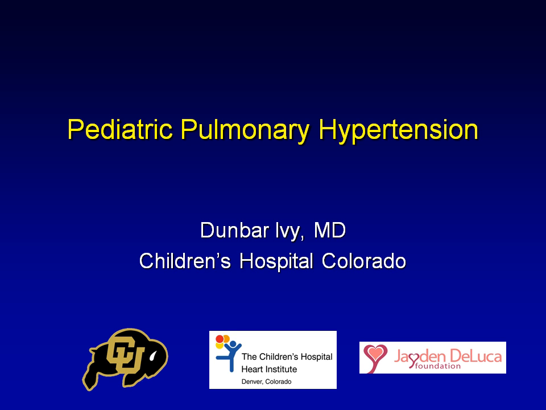So again, I think this question relates to children with congenital heart disease. When we look at children with congenital heart disease, first we need to take them as individuals and look at all of the so-called associated problems.